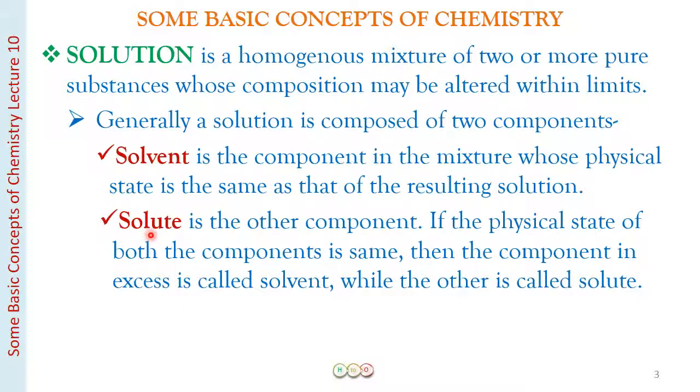Well, the component in that case which is in excess is called the solvent, while the other is called the solute. For example, alcohol and water are miscible in all proportions. If you take more water, then water would be the solvent, and if you take more alcohol, then alcohol will be the solvent. So the one in excess is the solvent.